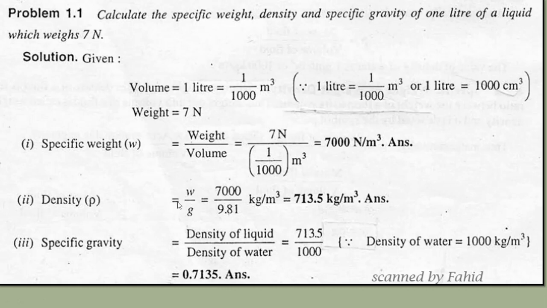So density is equal to 7000 divided by 9.81, which is equal to 713.5 kg per meter cube. So we have converted it into kg per meter cube.